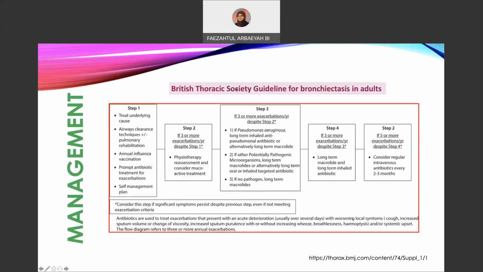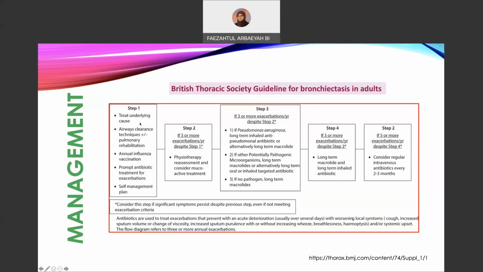Okay, management. According to the British Thoracic Society guideline for bronchiectasis in adults, first and foremost is to stabilize the patient: definitely give oxygen, make the patient comfortable, treat the underlying cause, and give antibiotics. Give some support: bronchodilators, humidifier, nebulizer, oxygen.